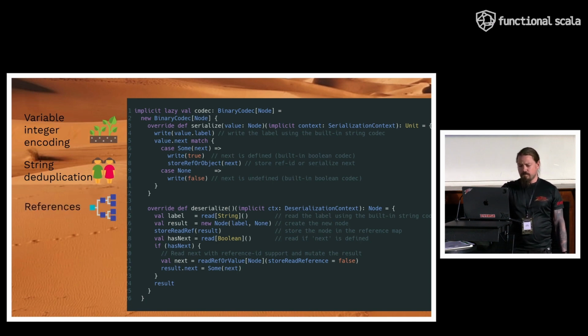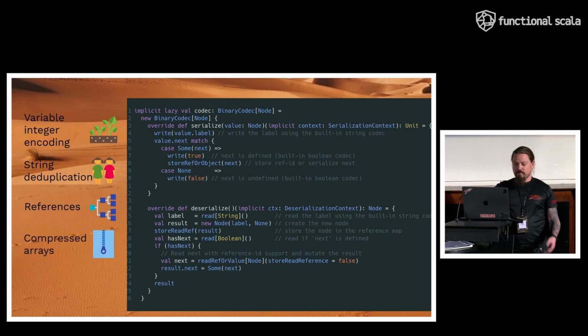It supports serializing references, so you can serialize cyclic graphs and stuff like that. And that's what the code example tries to show, but don't try to read it now, because I don't have time for that. And it has built-in support for compressing arrays.